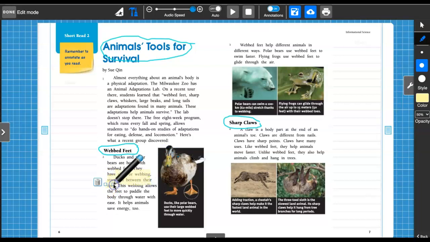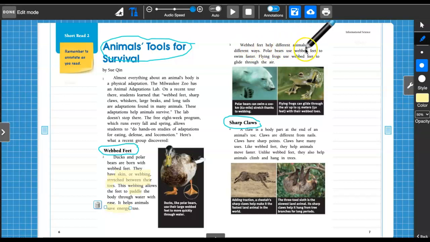I wonder, how do they use that tool? How do they use that extra skin between their toes? This webbing allows the feet to paddle, so they use it to paddle through water with ease. It helps animals save energy too. Webbed feet have helped different animals in different ways.